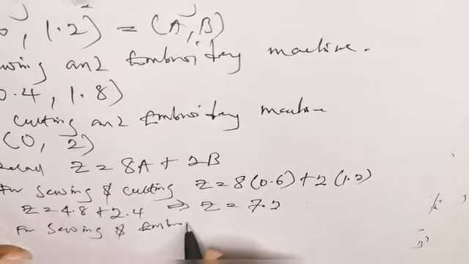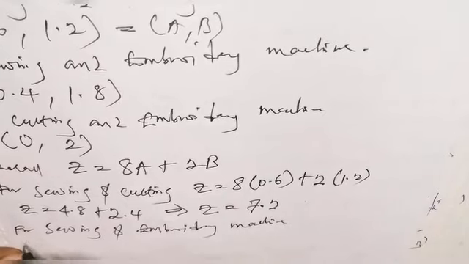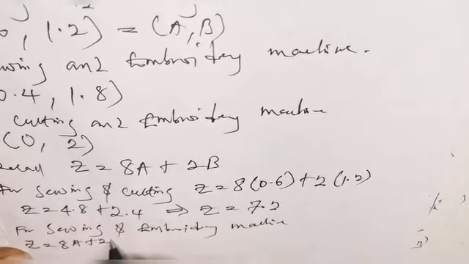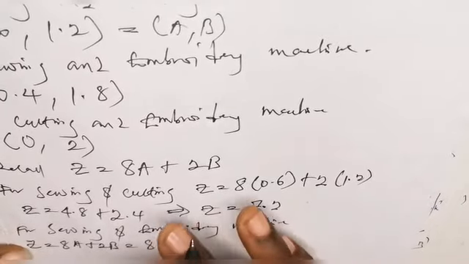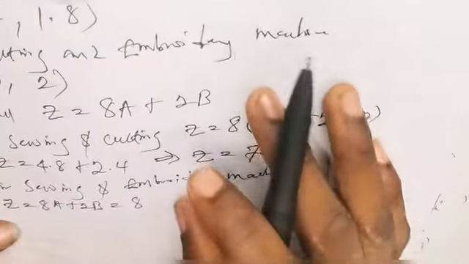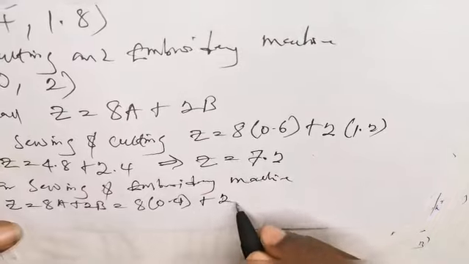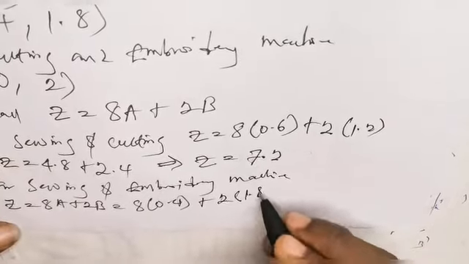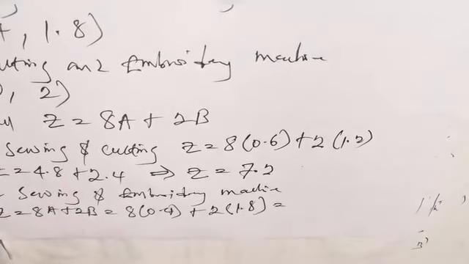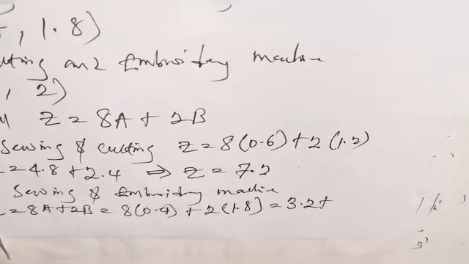We move over to sewing and embroidery machine. We also find z, which is 8a plus 2b. For the sewing and embroidery machine, we obtain a to be 0.4 and b to be 1.8. So 8 times 0.4 gives us 3.2, plus 2 times 1.8, that gives us 3.6.